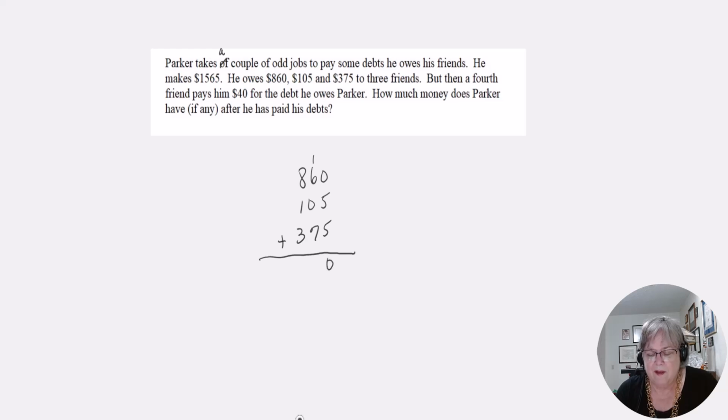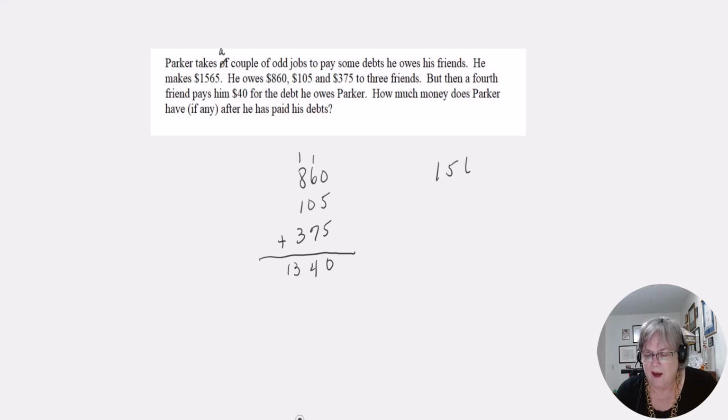We carry the 1. 1 plus 6 is 7, plus 7 is 14. Write the 4 down, carry the 1. 1 plus 8 is 9, plus another 1 is 10, plus 3 is 13. So he owes $1,340. Well, okay, that's less than 1,565, so it looks like he might have some money left over.